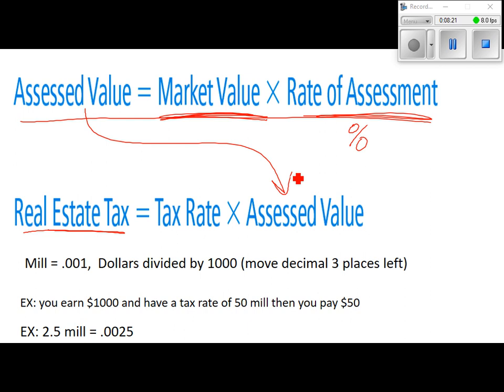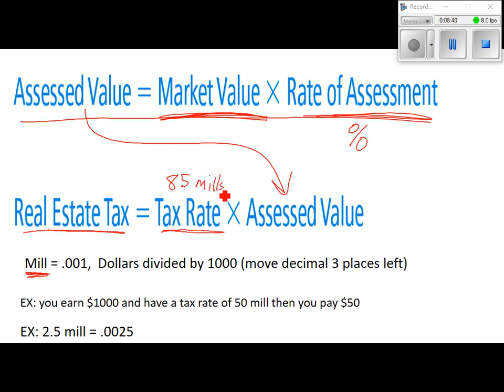So each county and city has its own tax rate, and that tax rate is normally given in mills. So it might be something like 85 mills.